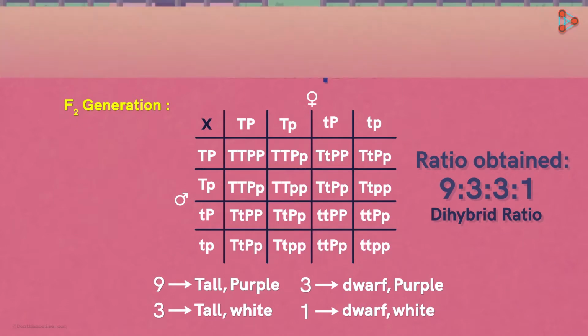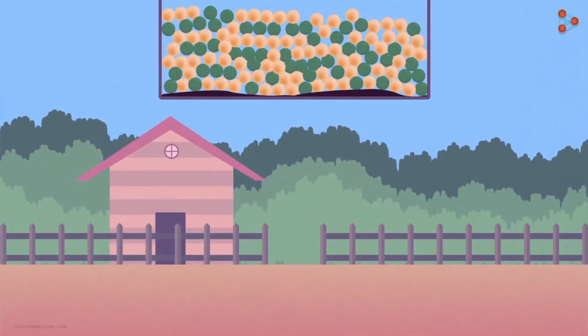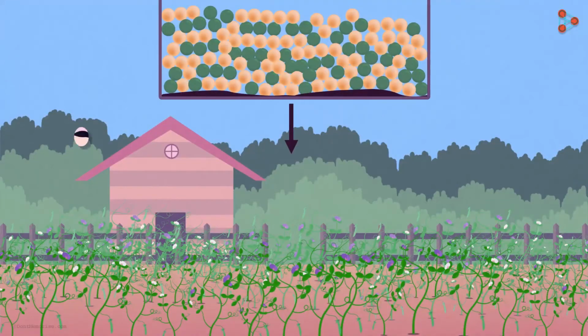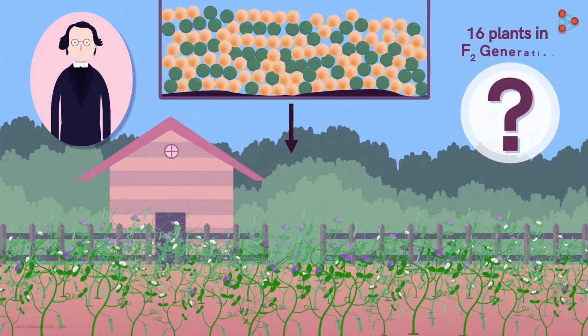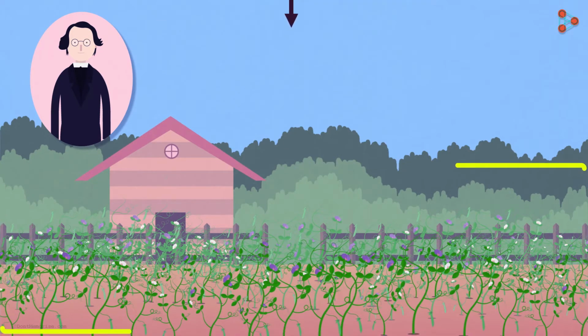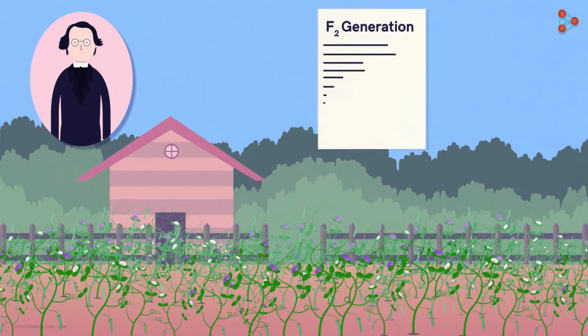Do you think we always get exactly 16 plants in the F2 generation? No, not at all. There are numerous seeds obtained, which are then sown, and plants are grown to observe these results. Did Mendel get only 16 plants in the F2 generation? This is also not the case. Mendel had obtained many seeds, but when he grew plants from them, he obtained the plants in certain numbers.